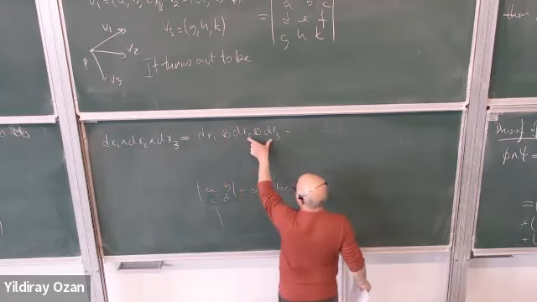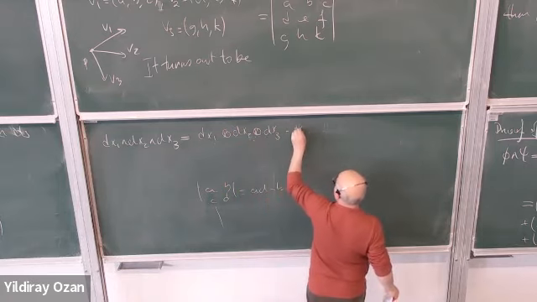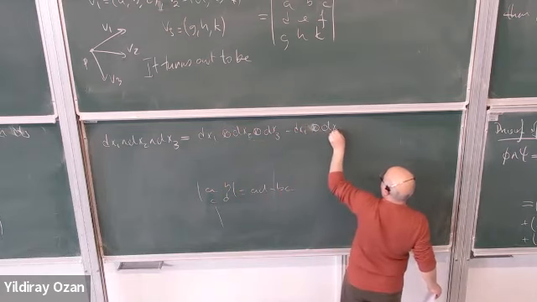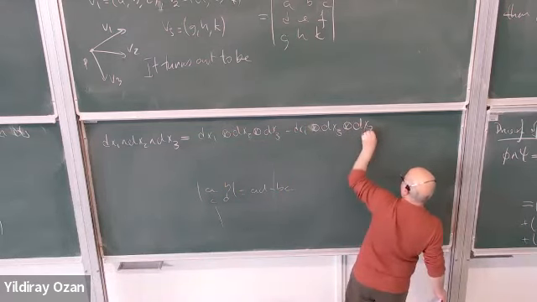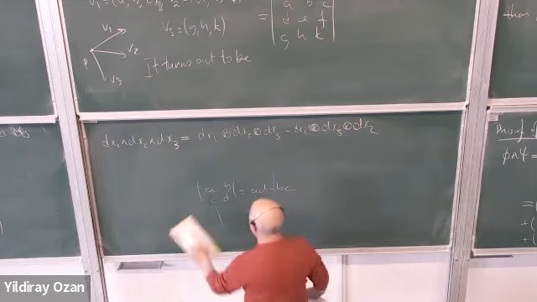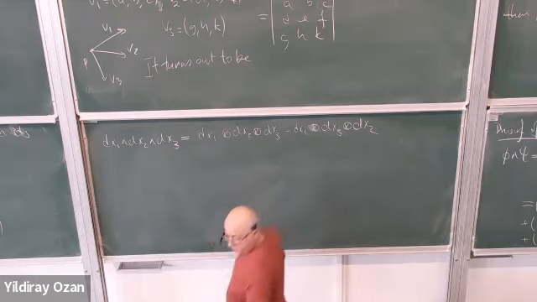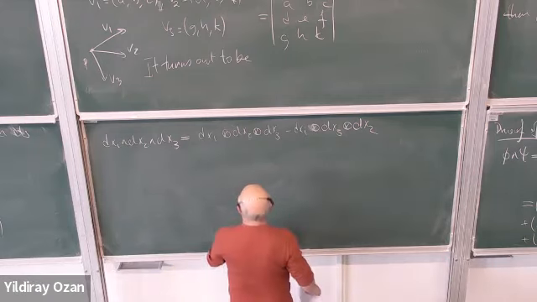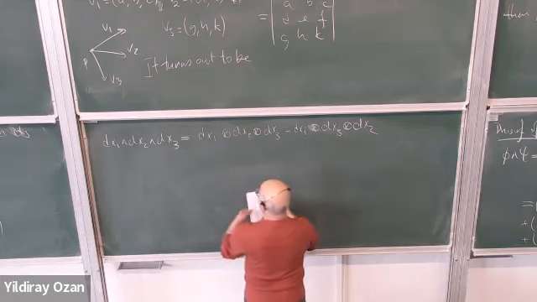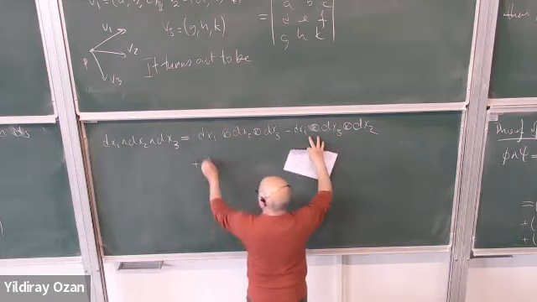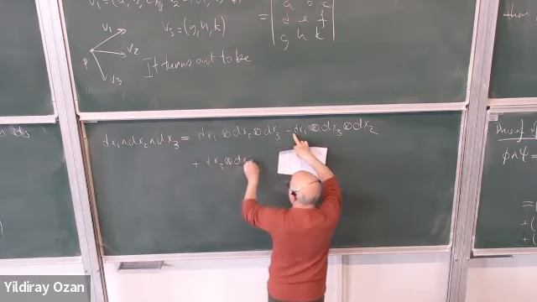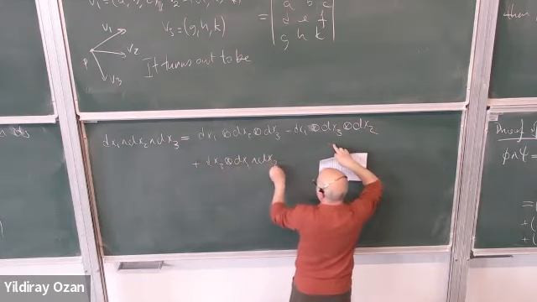So first, let me interchange these 2. So dx1 tensor dx3 tensor dx2. And then I may interchange these 2. If I interchange these 2, I will get another minus sign. So dx3 tensor dx1 tensor dx2.